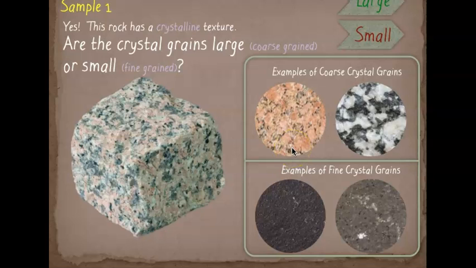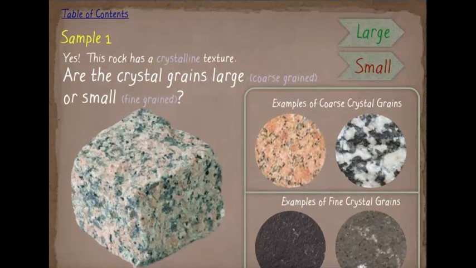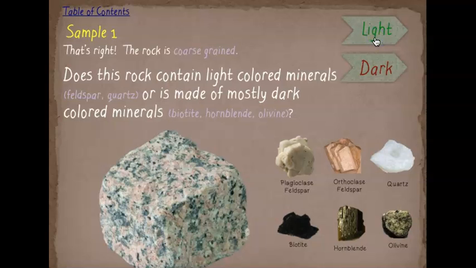Most likely they are coarse grain. Okay, so I'm going to scroll back up to the top. I am going to click on large, representing the coarse grained crystals. They are large. And the rock is coarse grained with larger coarse grains.